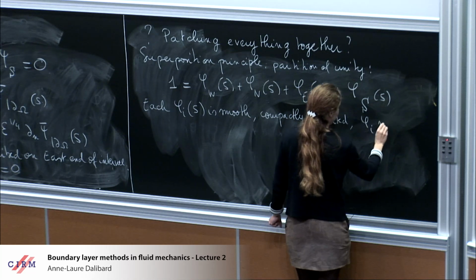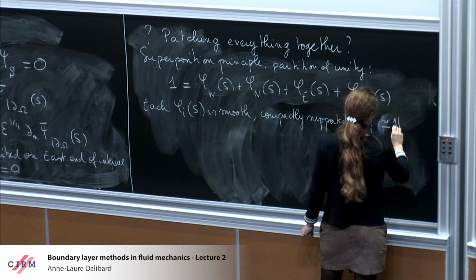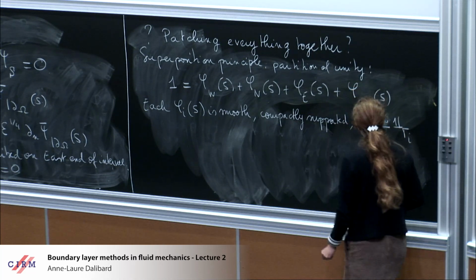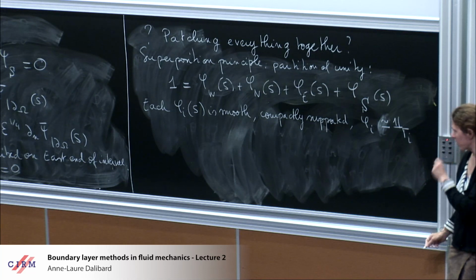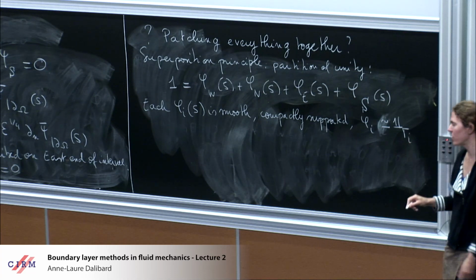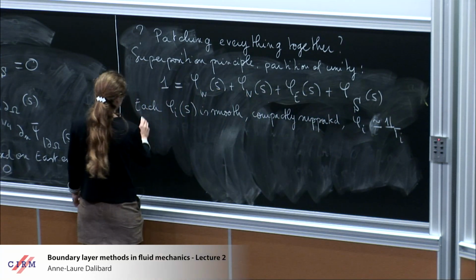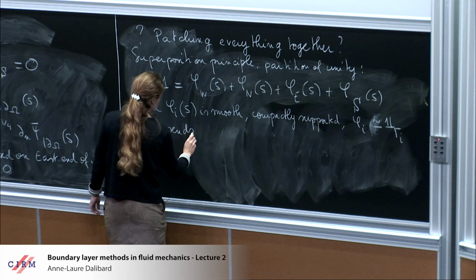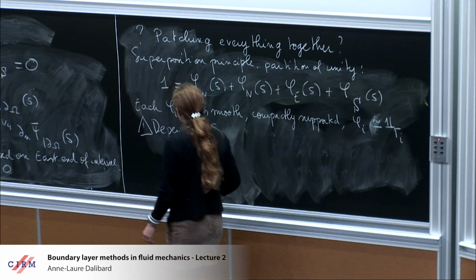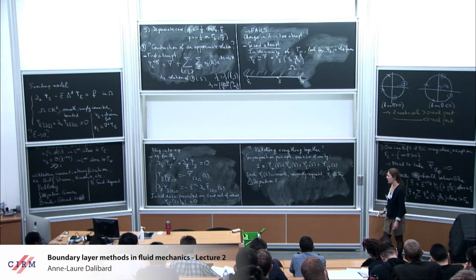Phi I of s is almost the indicator function of gamma I, but not quite. It's a bit smoothed out, and it depends on epsilon in a way that I would not describe. You need to construct this by hand, really.